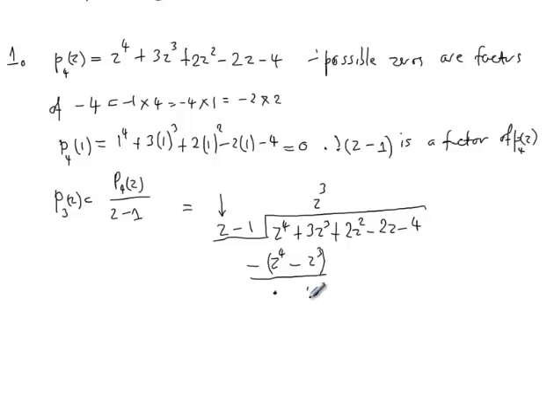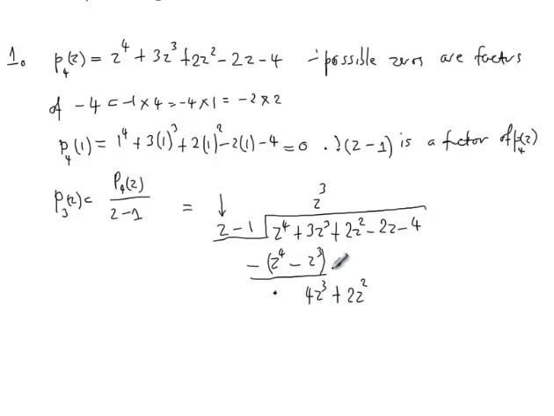Then we get 4z cubed. Then I bring this one down here, plus 2z squared. Are we there, guys? Then we divide again by this leading term here.